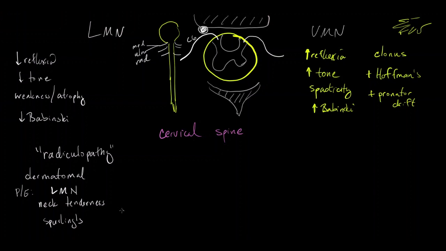There are many described ways to do this, but say this is your patient looking at you, and you ask them to turn their head to the side. You will push down upon their head, and what that does is it compresses their cervical spine, and if they have a cervical spine lesion, it will reproduce their symptoms, and that is called Spurling sign.